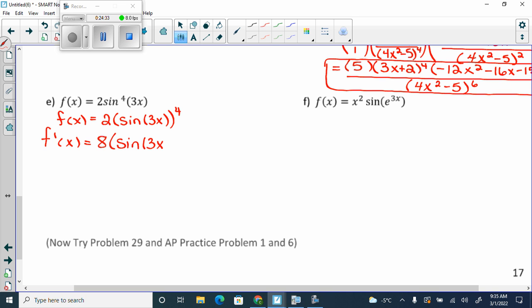We do the derivative of the outside, then we do the derivative of the inside. What's the derivative of sine 3x? Cos 3x times 3. And then we do the derivative of the inside, which is 3. So the 3 and the 8 will join, and we will get 24 cos 3x. And then where does that 3 go?